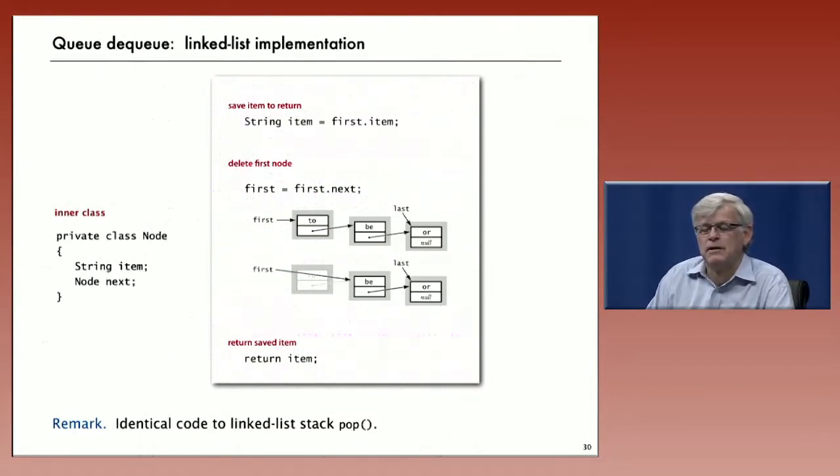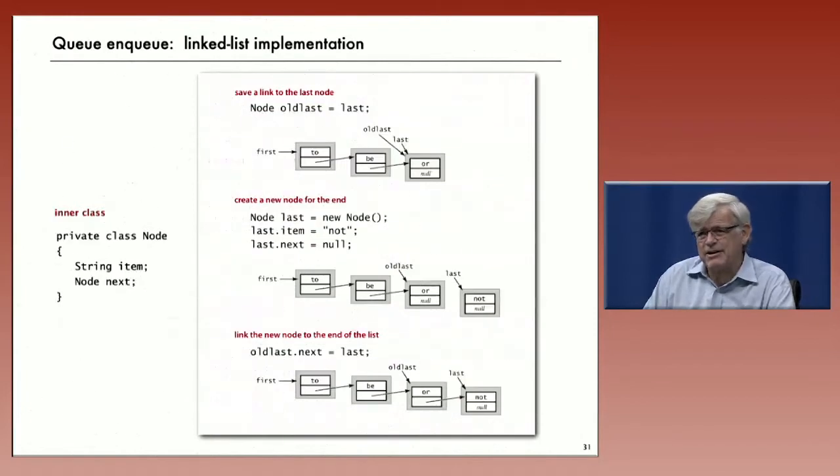So identical. To add a node, or enqueue, we want to put it at the end, so that it'll be the last one returned. To add it at the end, the first thing we need to do is save a link to the last node.